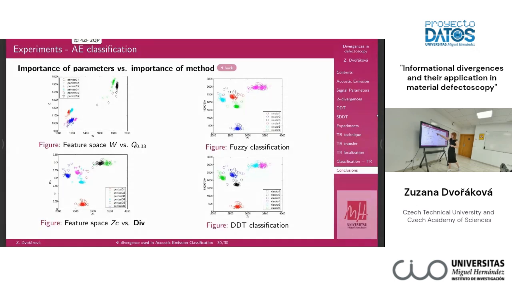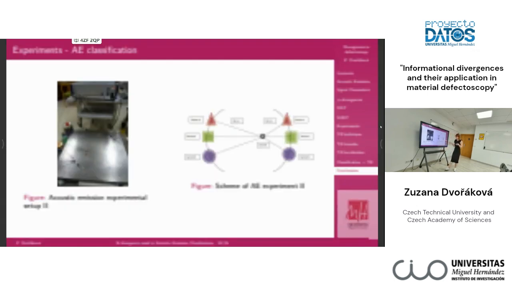On the left, at the top, you can see two signal parameters, W and Q. It's not necessary to explain what they mean, but you can see that the clusters are quite overlaid and close to each other, and it's not possible to distinguish these two clusters.